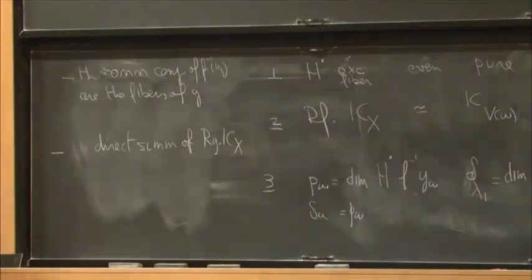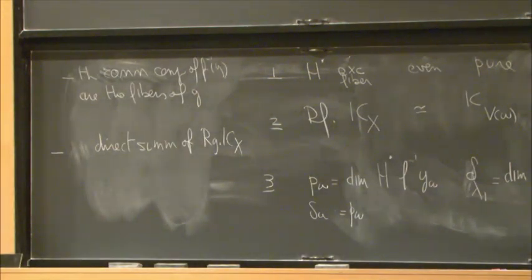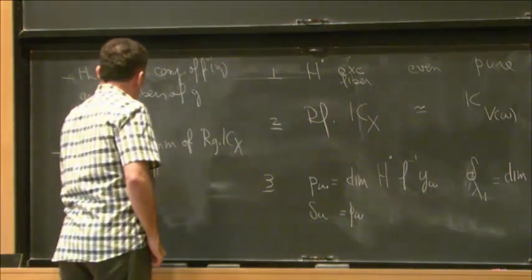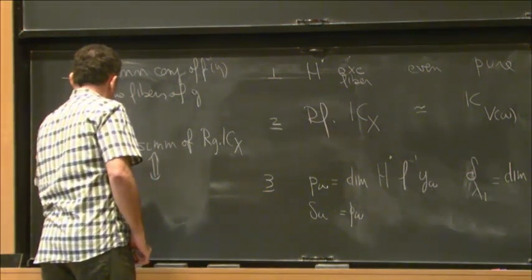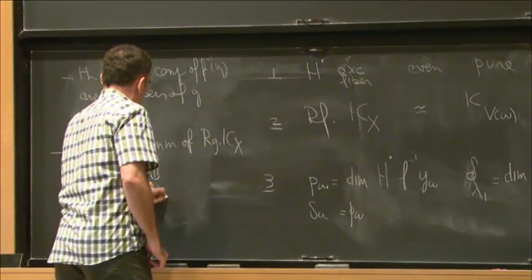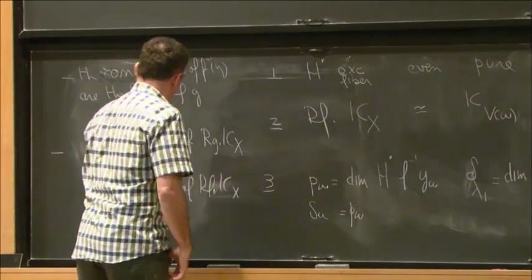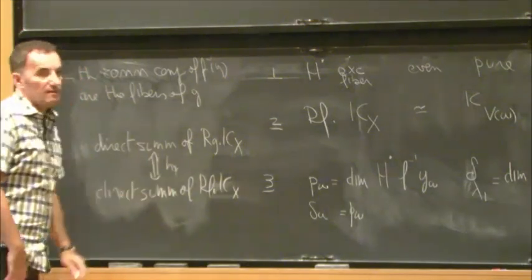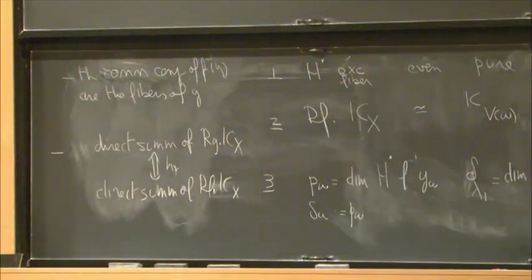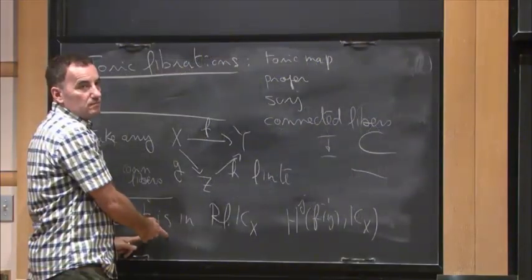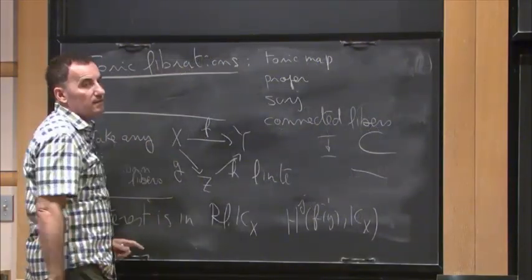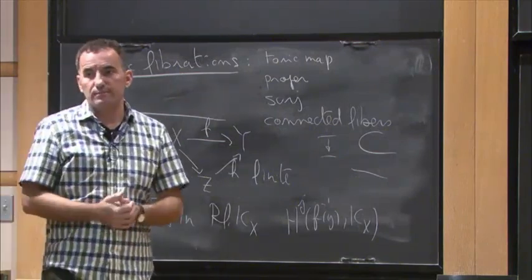So if I push forward first here, because this map is finite, they correspond to direct summands via the ordinary push forward. So if I understand this, I understand this, at least from the point of view of what I'm interested in. So from now on, I only take toric fibrations.